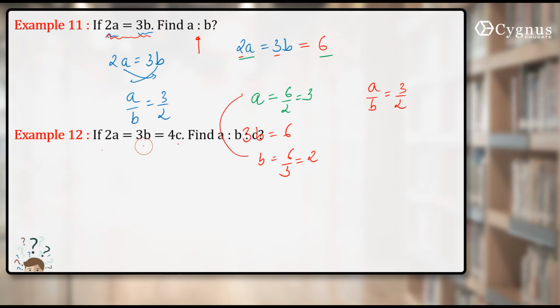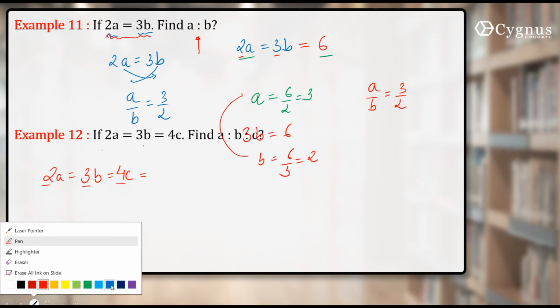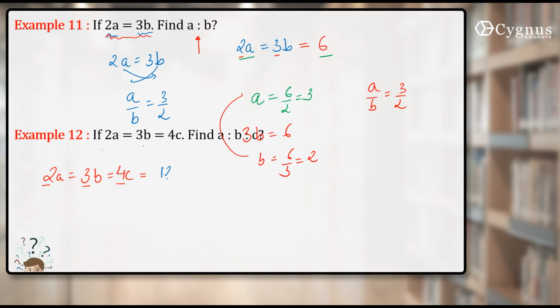If 2A is equal to 3B is equal to 4C, we can take it equal to X, Y, Z, K, 100, anything. But the best way is to take a number which is completely divisible by 2, 3, and 4. So what's the LCM of 2, 3, and 4? I'll say 12. So if 2A is equal to 12, directly you'll get the value of A from here.